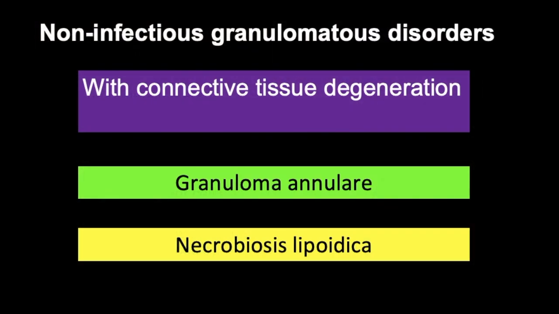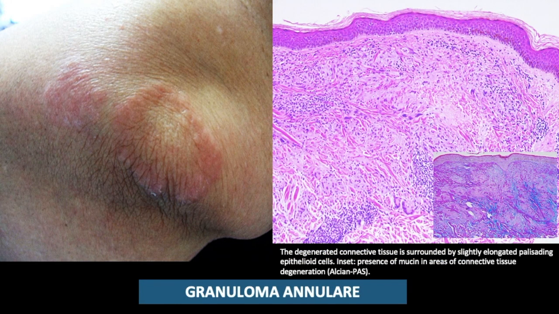So we finished the infectious category, and now we move on to the non-infectious category, and those we divide also into two subcategories: the ones that happen with connective tissue degeneration, and those are granuloma annulare and necrobiosis lipoidica. So granuloma annulare clinically appears as an annular rash, and if you look on histology, we have degenerative connective tissue surrounded by elongated palisading epithelioid cells.